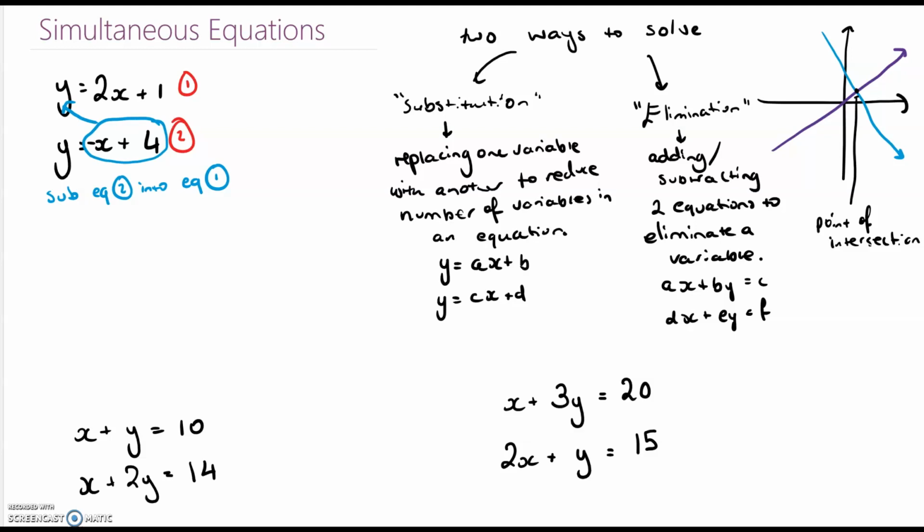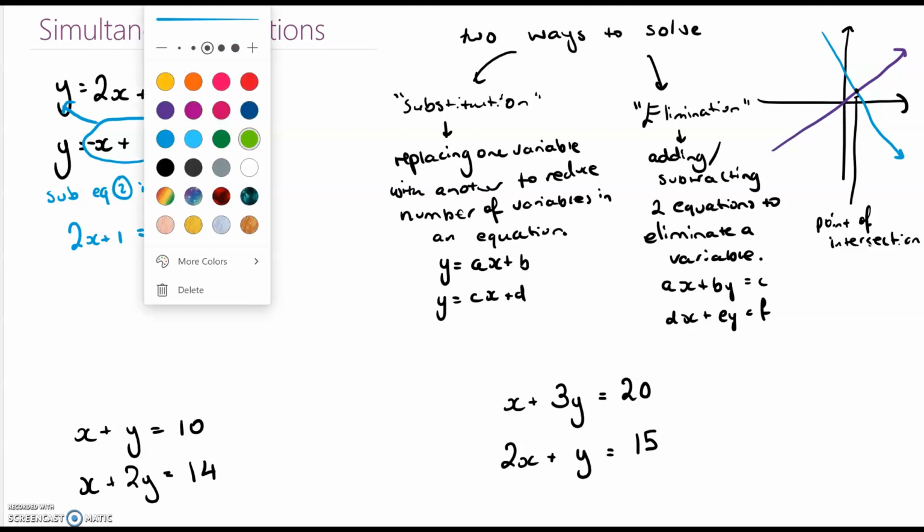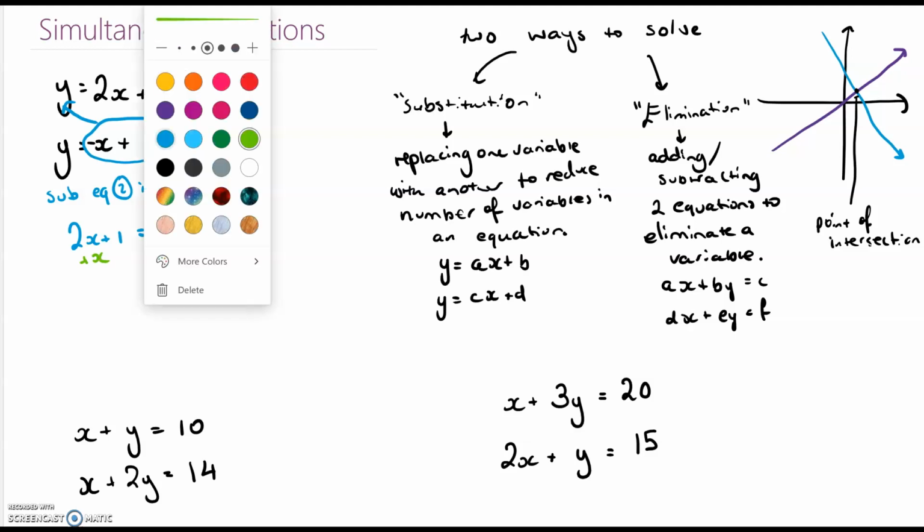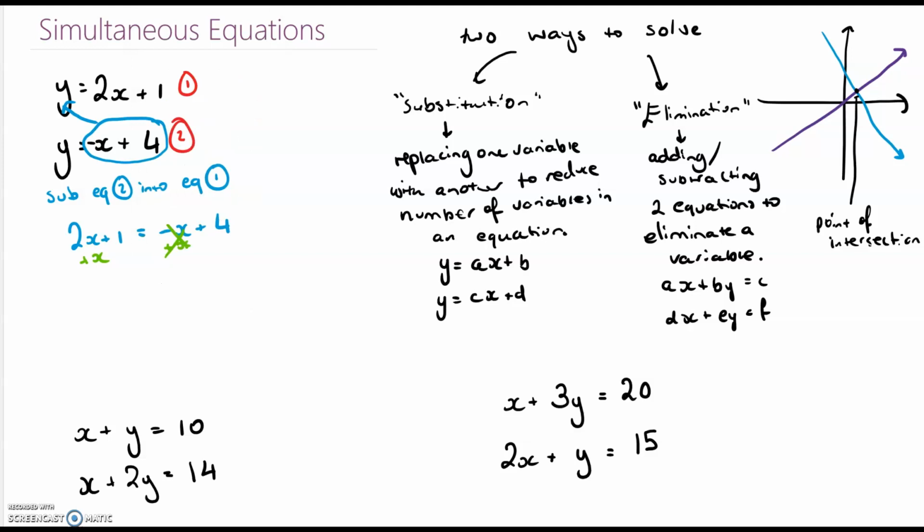I can do that because I'm trying to find the point where they're equal to each other. So where is equation 2 equal to equation 1? Well, they're equal when those y values are the same, and therefore when 2x plus 1 is equal to negative x plus 4. So from there, I'm going to add the x and cancel that out, so I've got all of my variables on the same side.